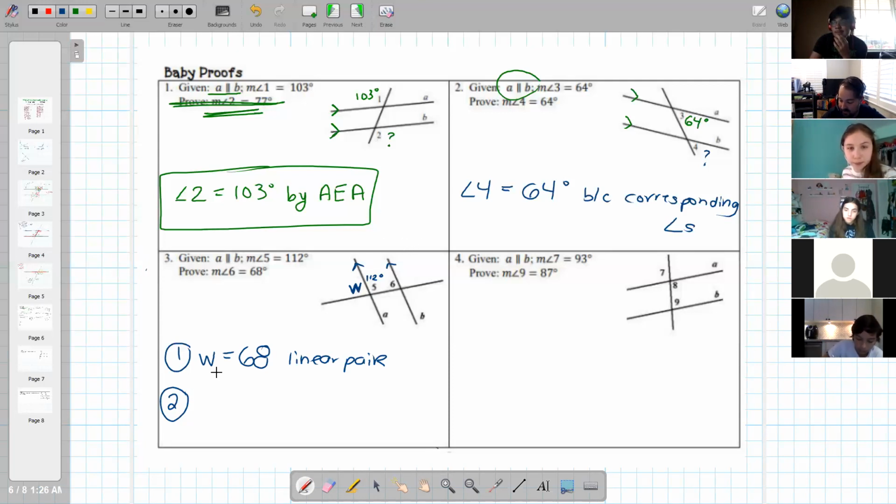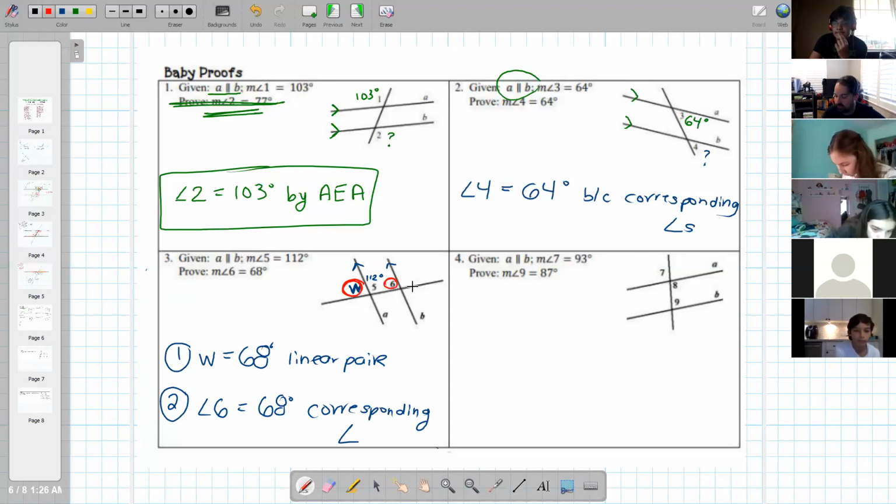And then angle 6 has to be equal to 68 because it's corresponding with W. I saw this as first I needed this angle, and once I knew this angle, those 2 angles are corresponding. They're sitting in the same general location.